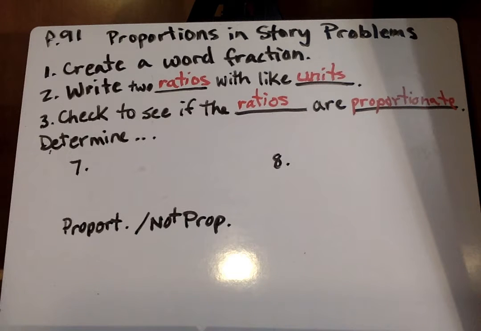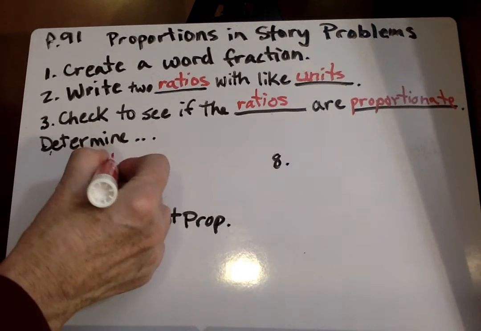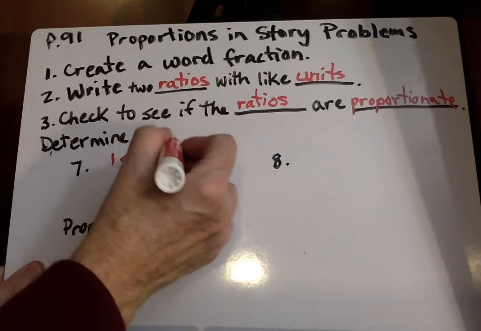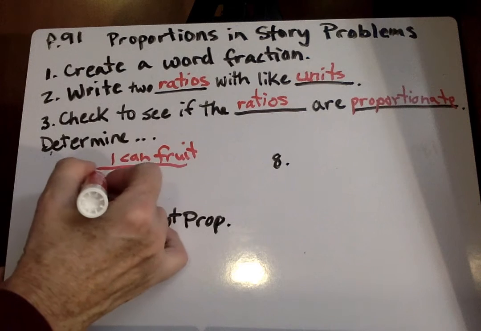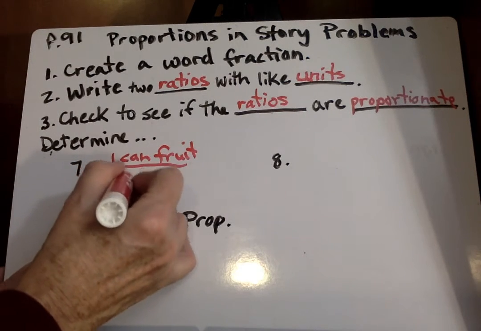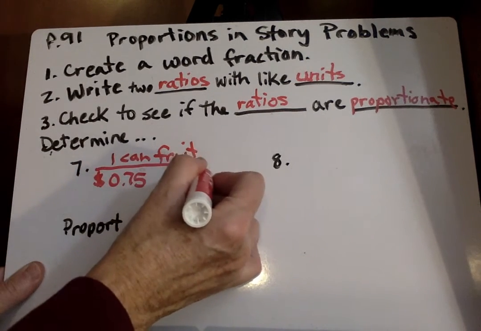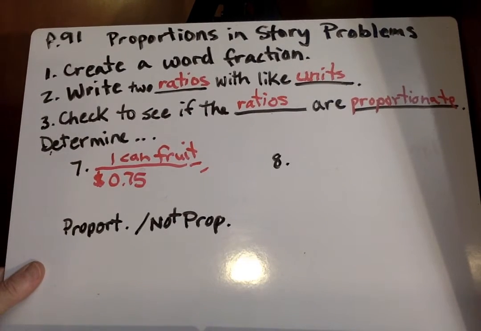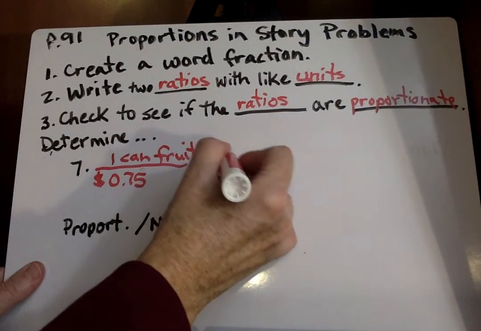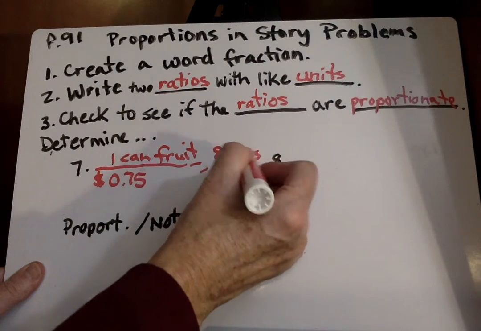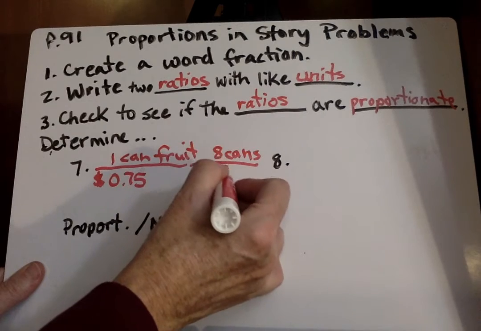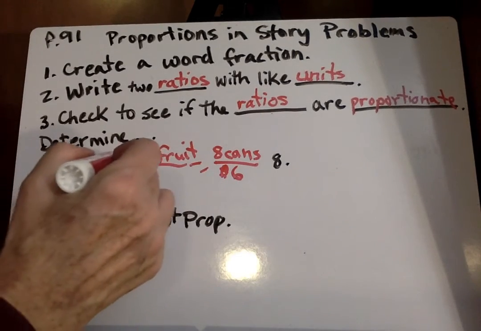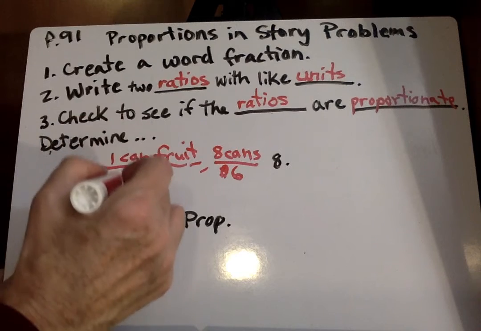Number 7, at a store you can buy 1 can of fruit for 75 cents. So I'm going to put 1 can fruit over 75 cents. And I'm going to see if that's equal to 8 cans of fruit for $6.